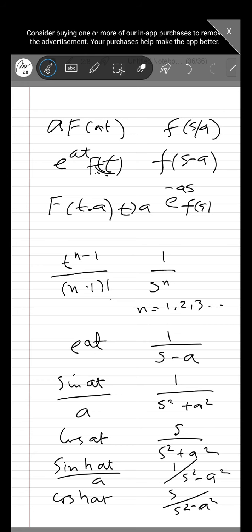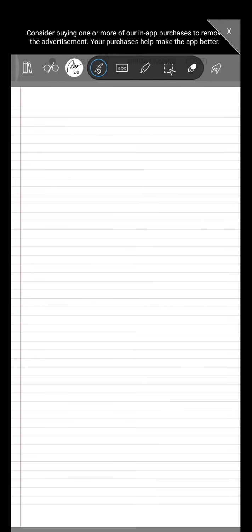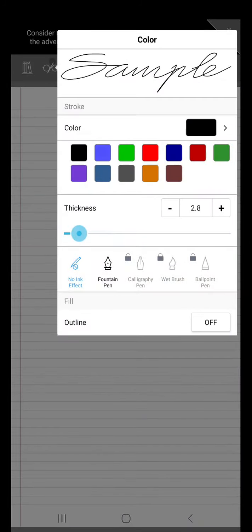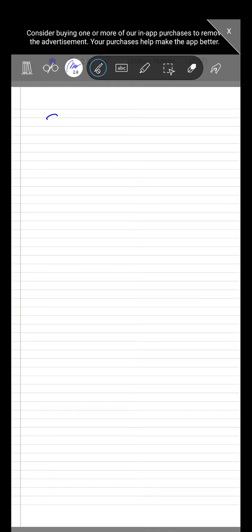Okay, so we now move on to the next topic, that is calculus of variation.